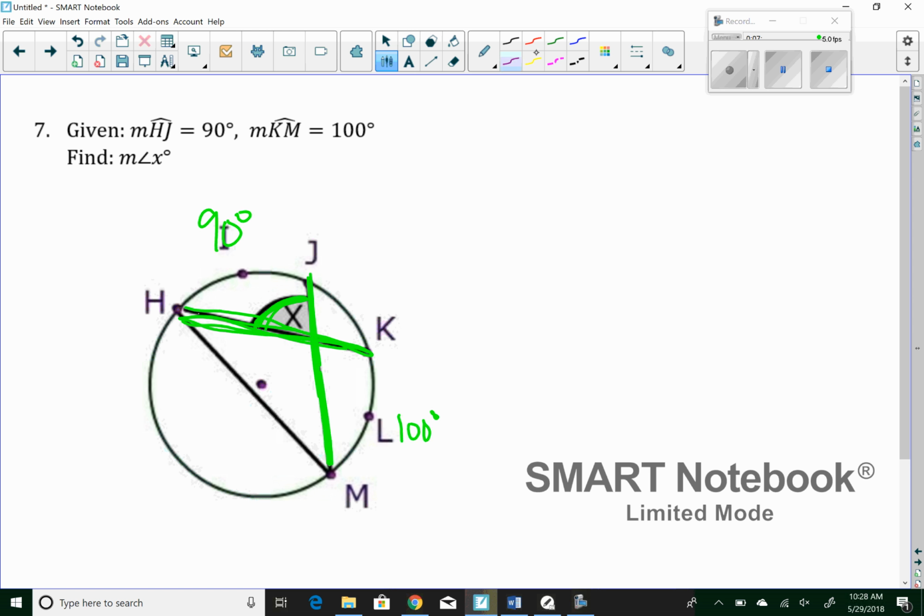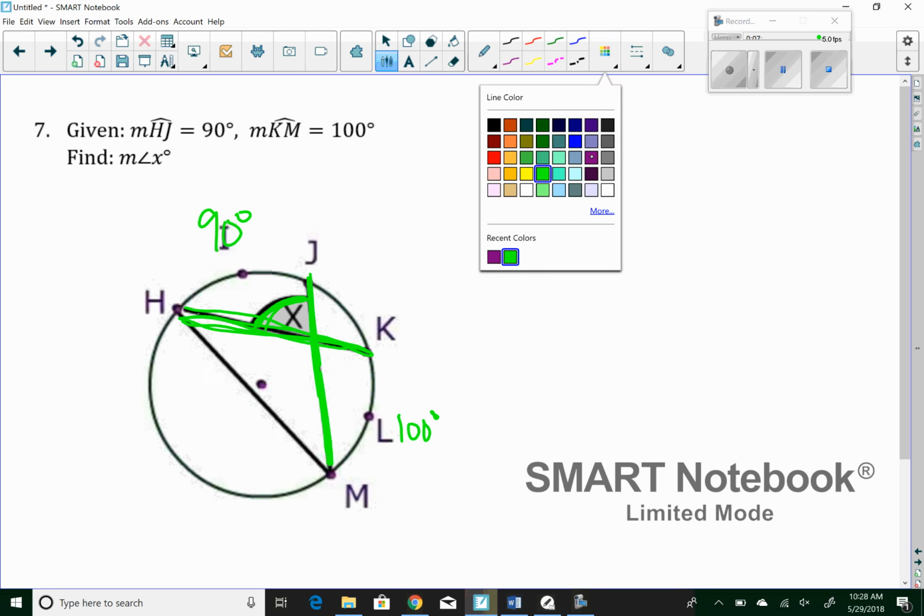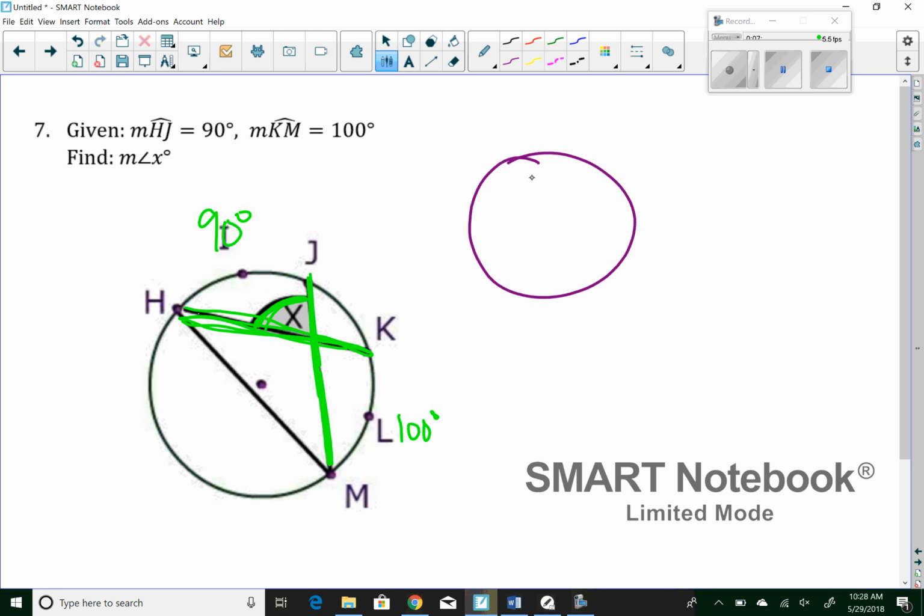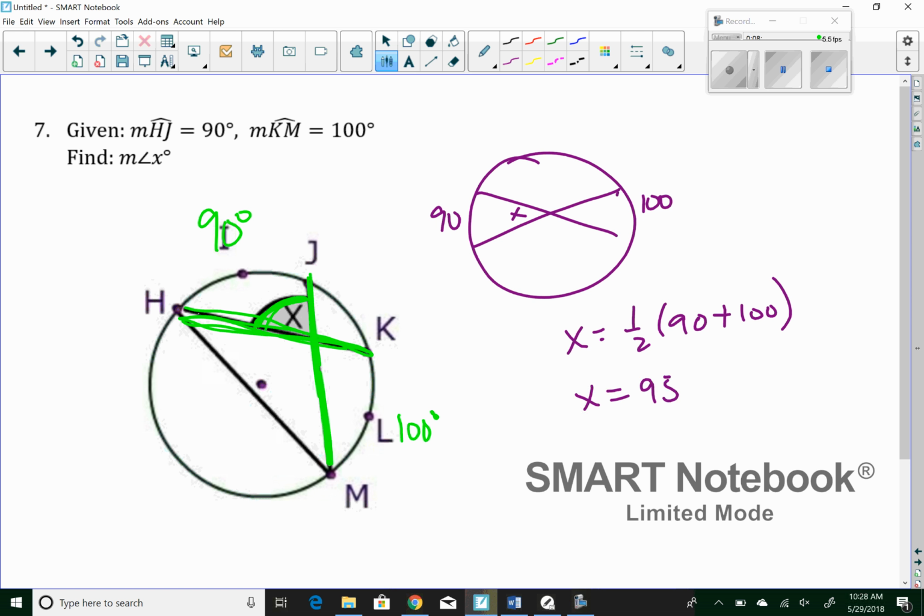This circle is exactly the same as a circle with two chords, X, 90, and 100, like what we just did in class. We just drew another chord in there, chord HM, to make it look different. It's not. So we're still going to say the angle is equal to half of the sum of the arcs, just like we did in class, and this is going to wind up being 95 degrees.